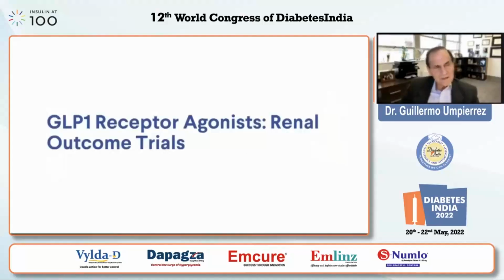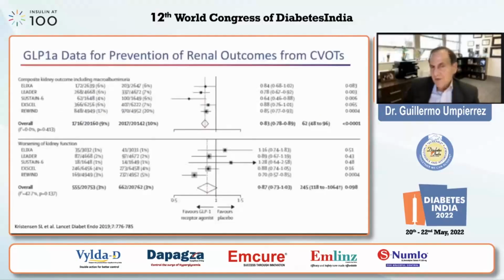So what about the life of the diabetologist, which changed with GLP-1 and SGLT2 agents? GLP-1 and renal outcome trials: here you have ELIXA, LEADER, several of these trials, and all of them show that you can decrease microalbuminuria and worsening of kidney function in favor of GLP-1.